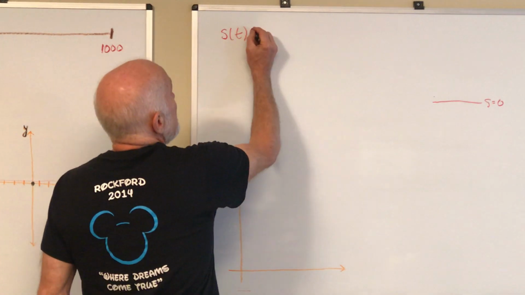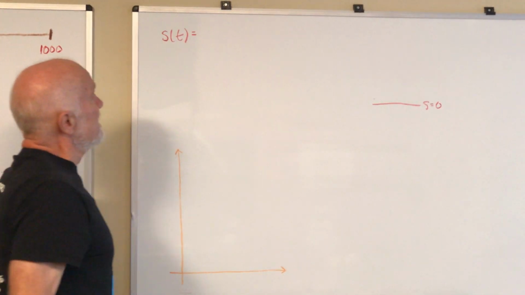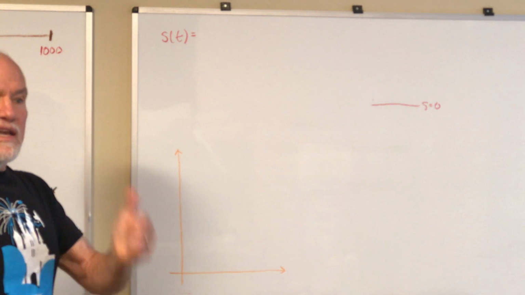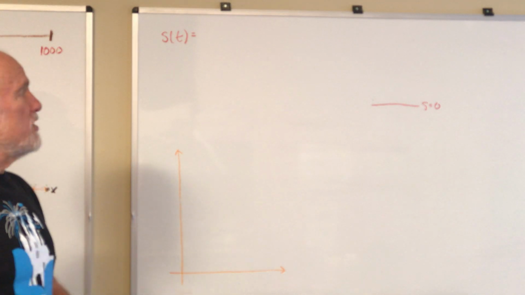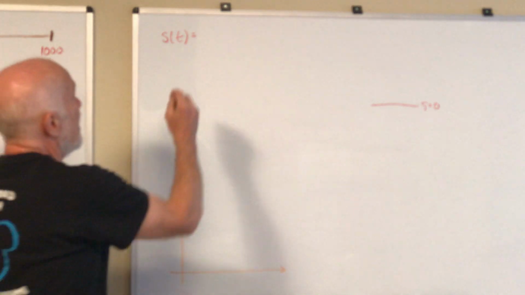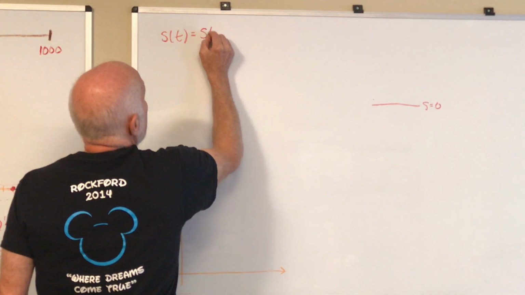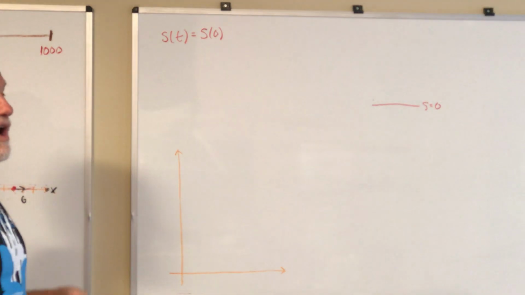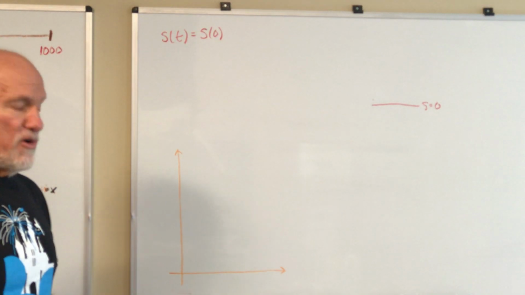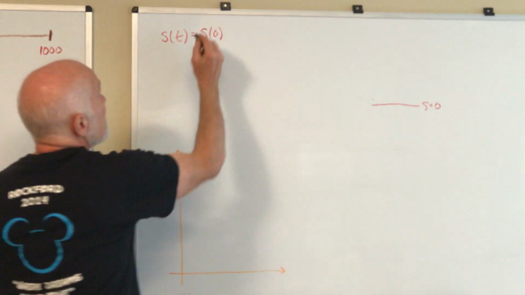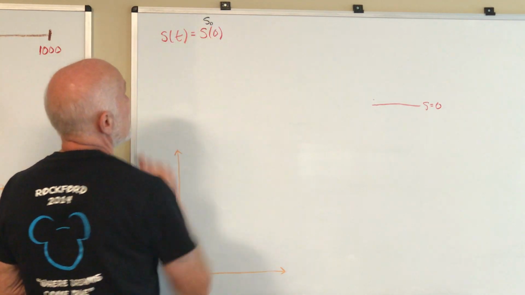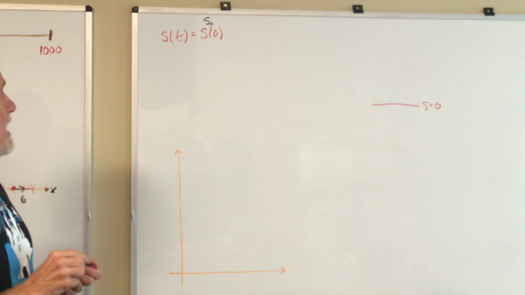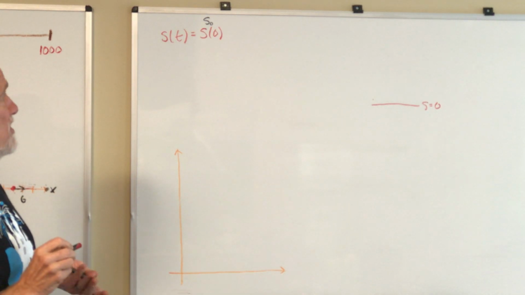So, what is going to affect the position of anything that's moving in an up and down manner in free fall? Well, first of all, the initial position. So I can call that the position at time 0. Since that is a constant, it's sometimes called S0 in physics. Now, what else is going to affect the position?